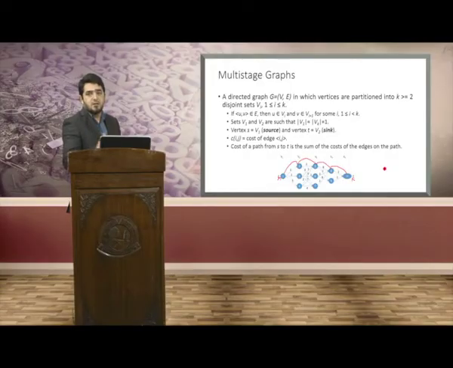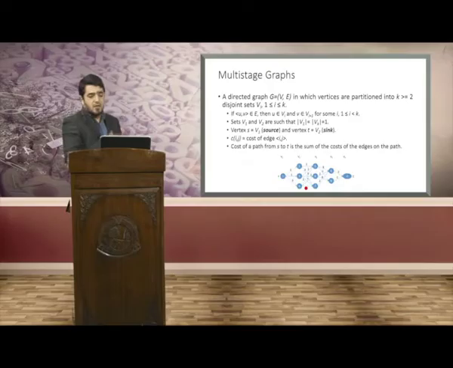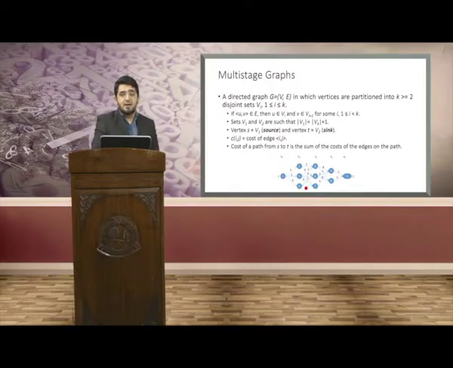This is a simple path from source S to sink T, from the first stage to the last stage, and the cost of this path would simply be the sum of the costs of each of these edges: the cost of edge 1 to 2, plus the cost of edge 2 to 5, plus the cost of edge 5 to 8, and then the cost of edge 8 to 10. So this is a simple representation of multistage graphs.